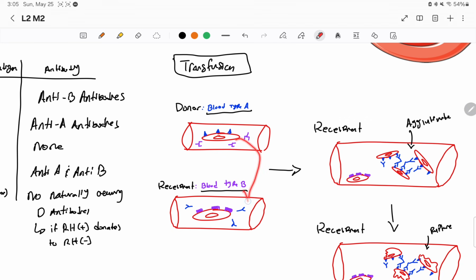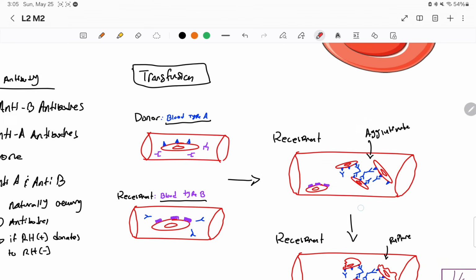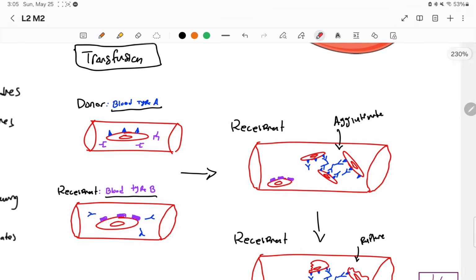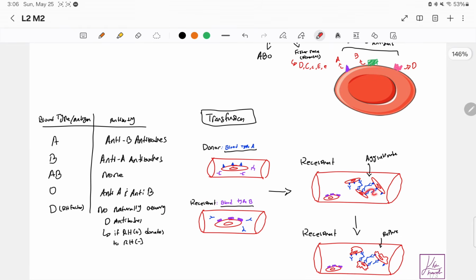And if we transfer this red blood cell that has A antigen into the blood vessel of somebody who has blood type B, which, by the way, they express antibody A, okay, then those A antibodies will start to attach onto the A antigen and cause this kind of agglutination clumping response, okay? We can actually use this to our advantage when we're trying to blood type somebody, figure out somebody's blood type.